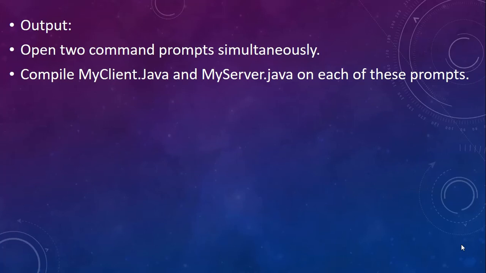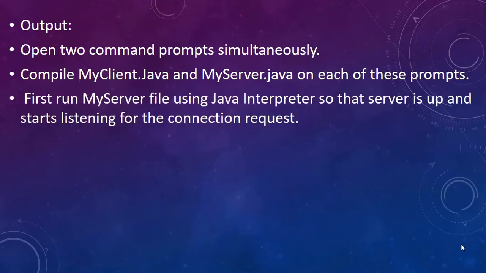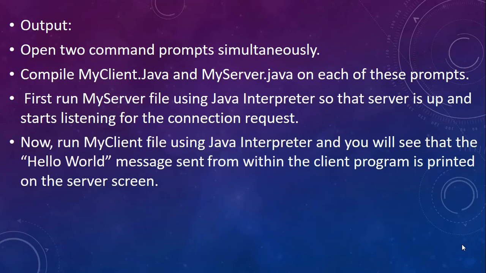As per the convention, the server will start listening, so you have to run the server first. You have to run the myserver.java file first, and then you can run the client file. So you first run the myserver file using the Java interpreter, so that the server is up and starts listening for the client request. And lastly, you run the myclient file using the Java interpreter.